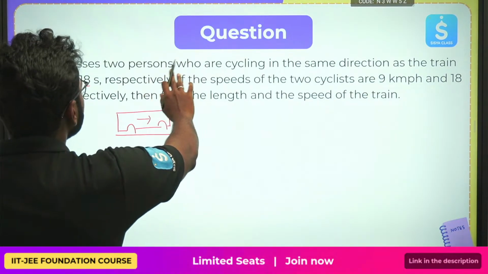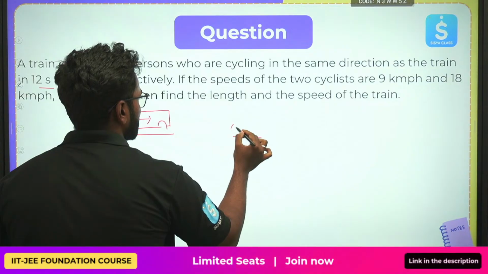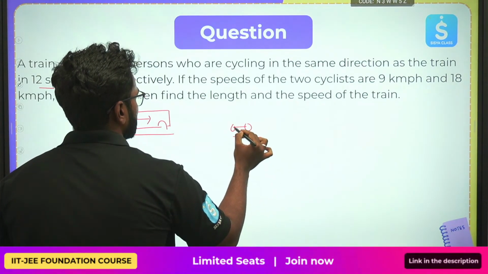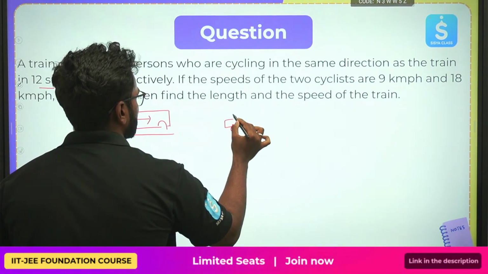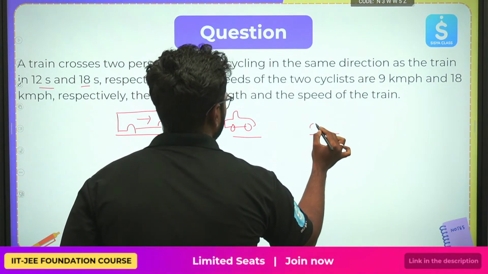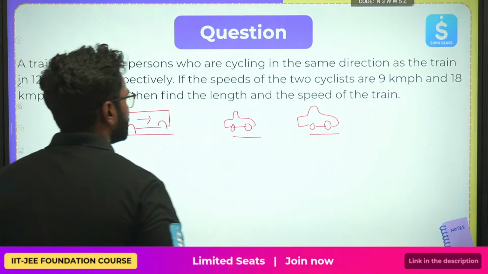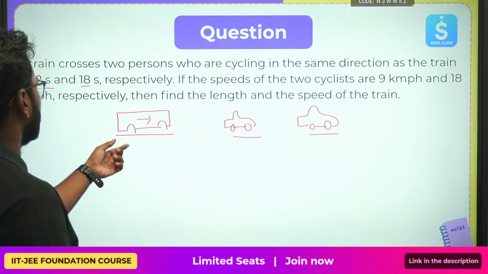Now we have two persons who are cycling in the same direction. So this is a cycle. Let me draw something of this sort. Now, what is given in the question? This is a train.